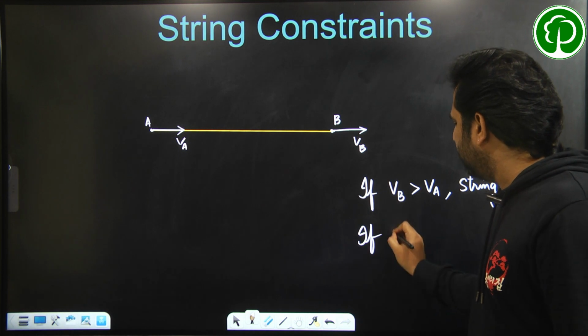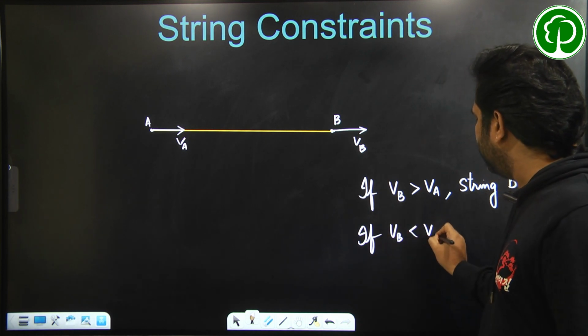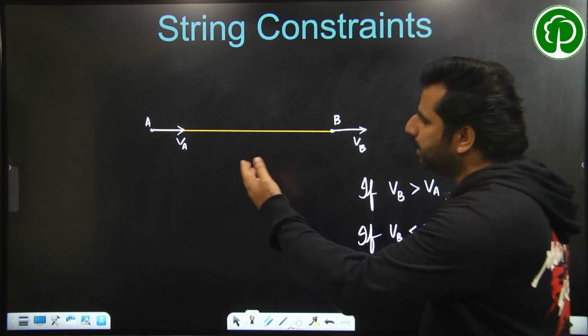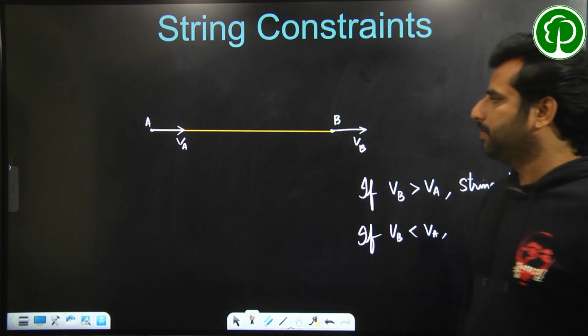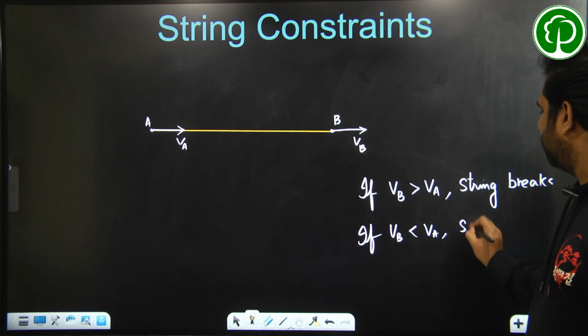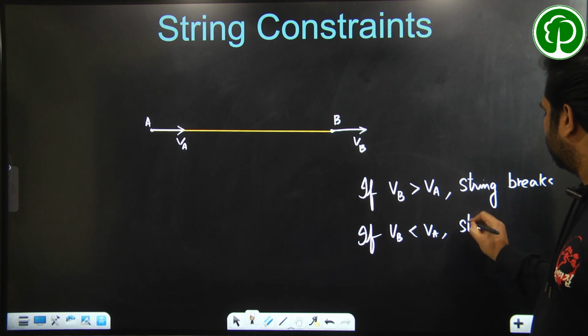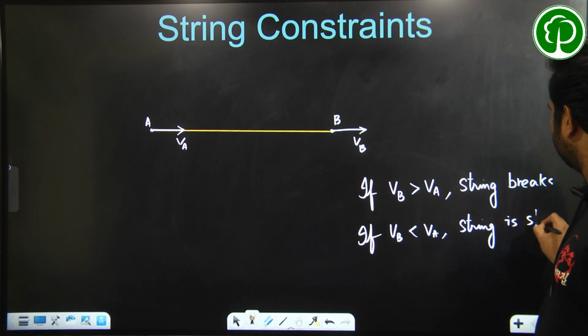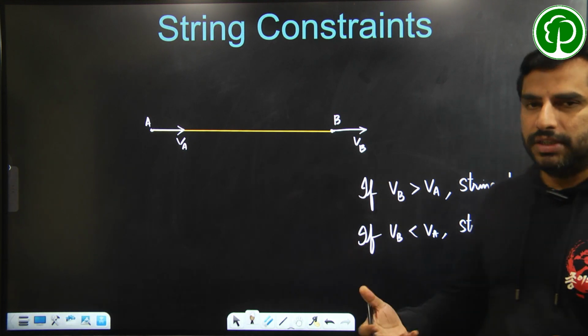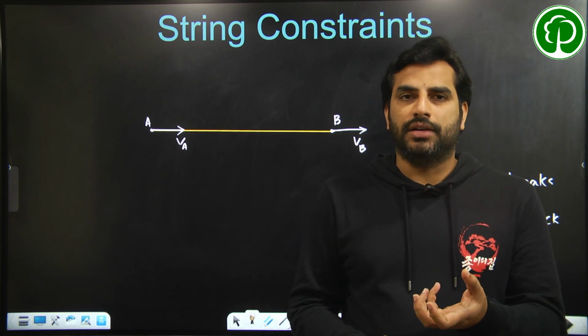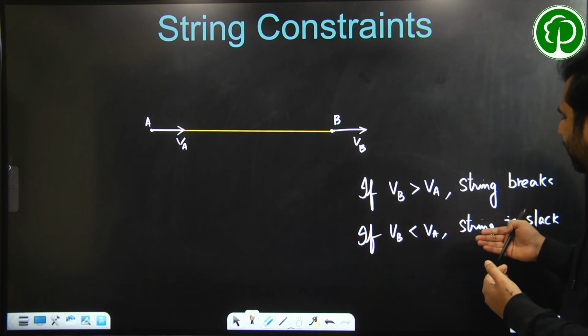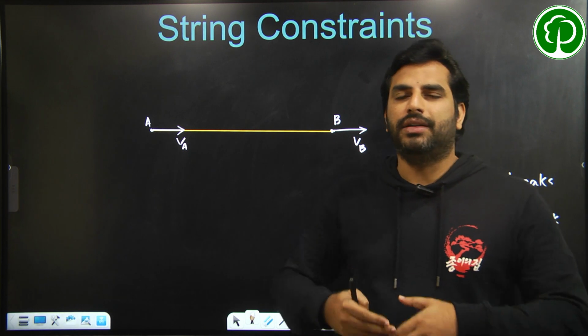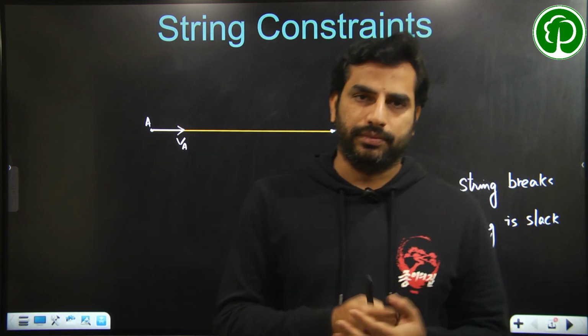And if VB is less than VA, VA is faster than VB, then in that case the string is slack, the string is no more tensed. In both the cases, if the string breaks or string becomes slack, the tension in the string becomes zero.